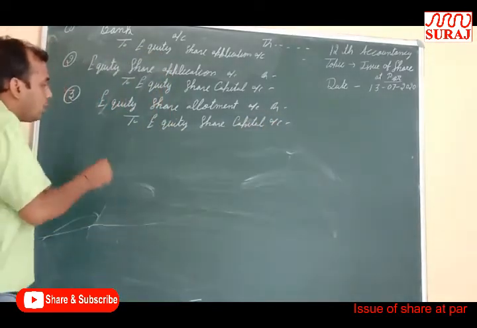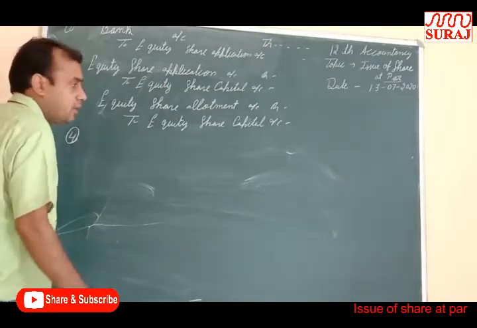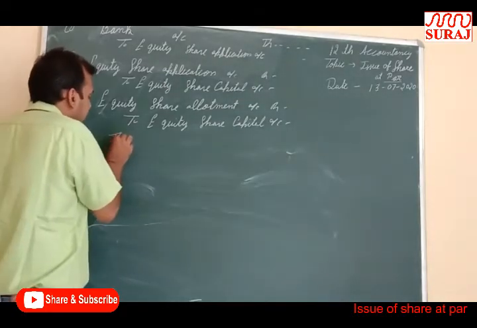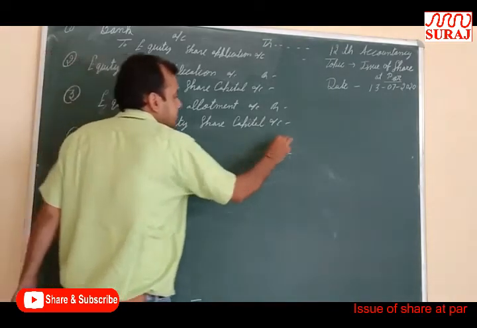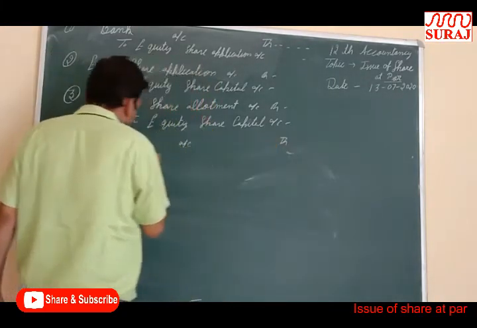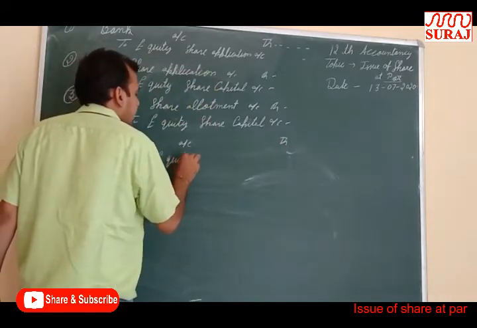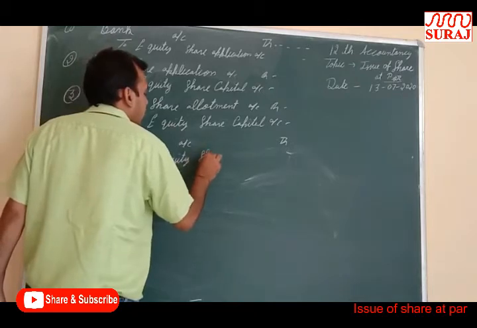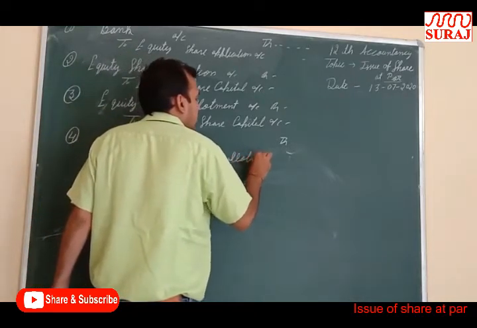Now the shareholder pays the allotment money, then your entry will be passed: bank account debit to equity share allotment account.